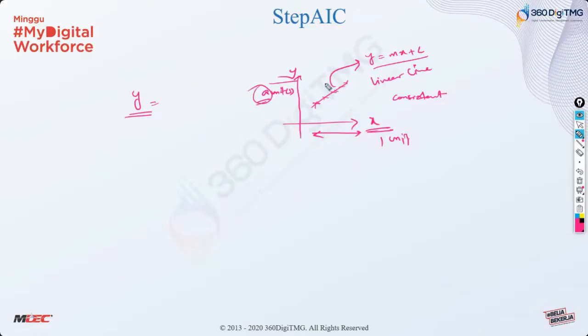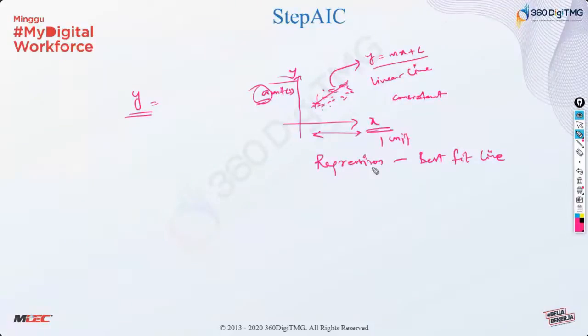Now, ideally, you'll not have this kind of very simple straight line equation. In the real world, the relationship between x and y would vary a little. It will not be a perfect line like this. So it will be something like this. And regression analysis is about identifying the best fit line. Then you're trying to fit a line into the data.